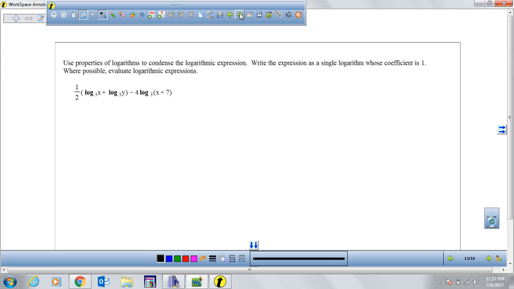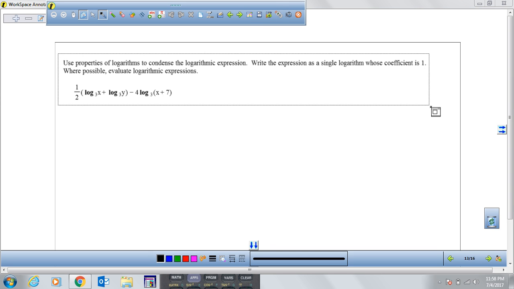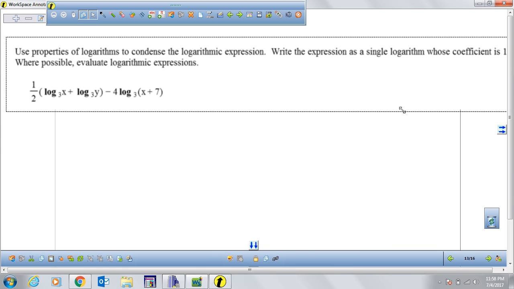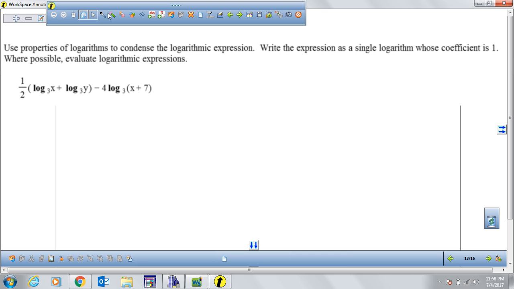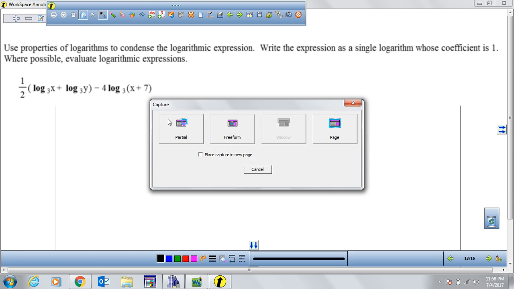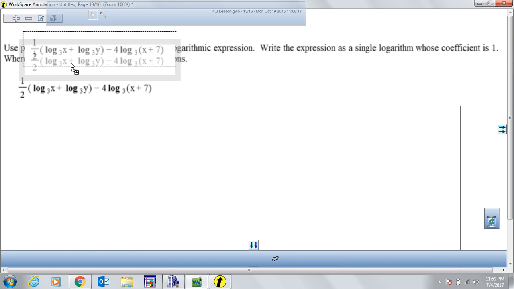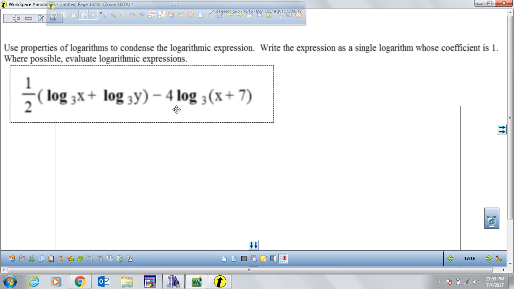Now we're going to do one more of condensing, then we're going to go to the end of the section. We're going to condense the following logarithmic expression, and where possible we're going to evaluate. Again, all of them consist of variables, so evaluating is not possible here either. First, let's move the powers back to the top.